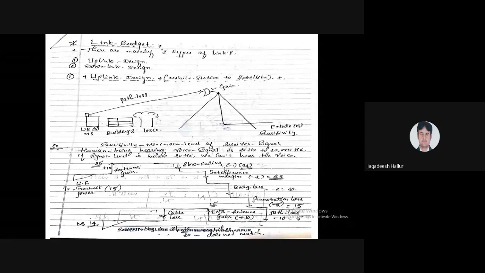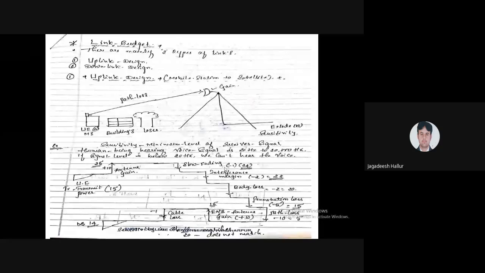This is a simple random example of how to design a particular uplink and a particular downlink. The same parameters are considered in the downlink design also. Just the diagram has changed. It is the reverse process: the right side figure will come on the left side and the left side figure will come on the right side. That is uplink and the remaining is downlink.